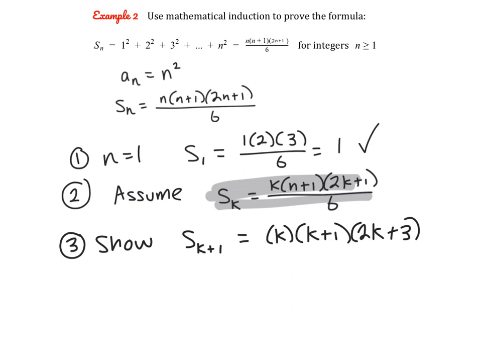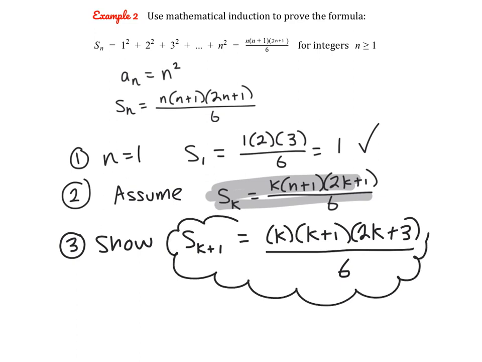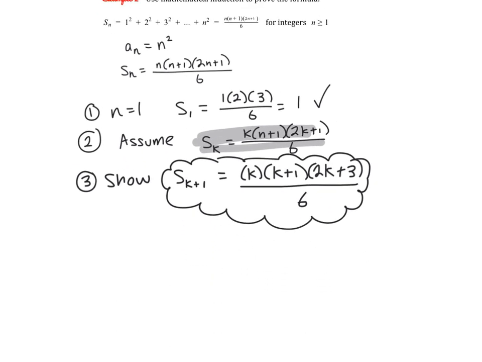And all of this should be over 6. So this is what we are trying to prove, or this is what we would like our equation to look like by the time we're done. And if we can make it look like that, we know that that formula is in fact true.